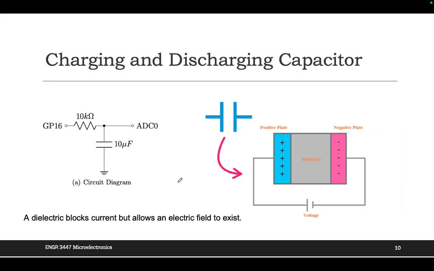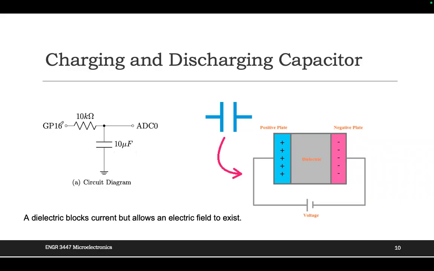Okay, this is the circuit we use today. Does anyone know how this circuit will charge and discharge? Did you read the lab instruction? No? Okay, let me tell you. GP16 will connect to the Pico, am I right?